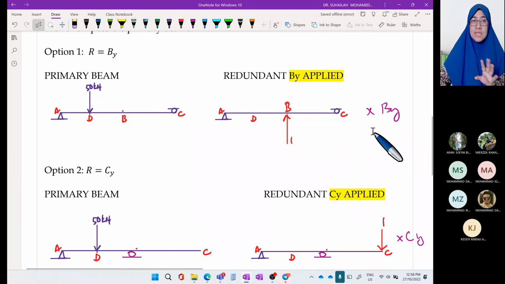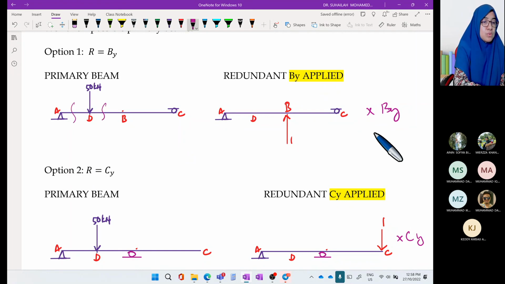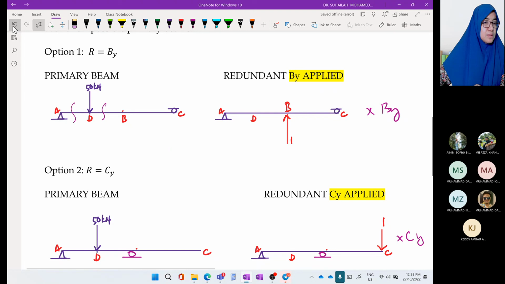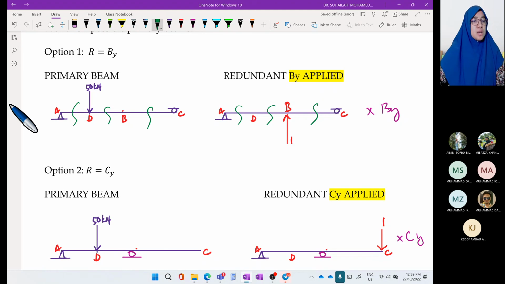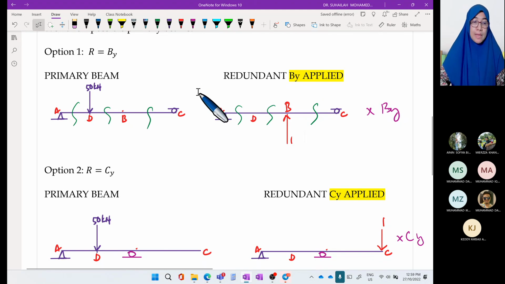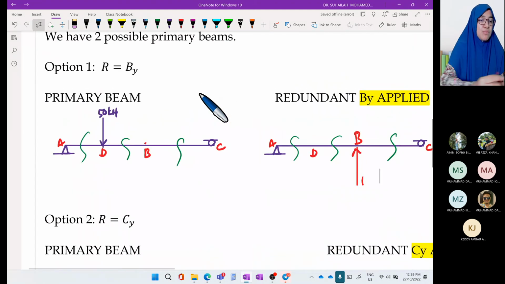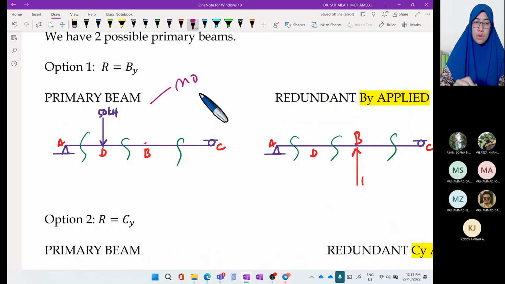For the moment equation, we have 4 cutting sections. 1, 2, 3. 3, not 4. We have 3 cutting sections. Changing color, so we have 1, 2, 3. From the primary beam we will get M naught.